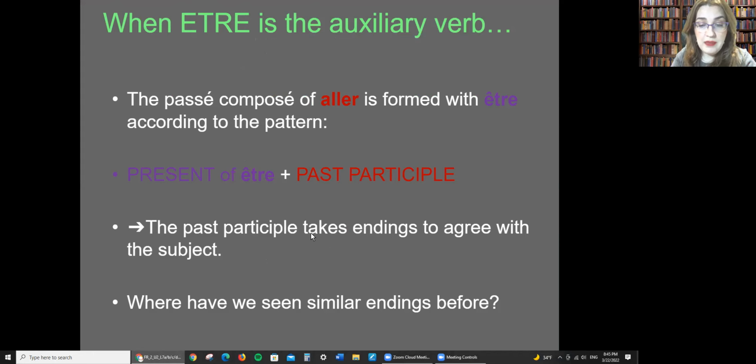Okay, the past participle takes endings to agree with the subject because it's with être. When it is conjugated with être, we must add the agreement at the end of the past participle with the subject.